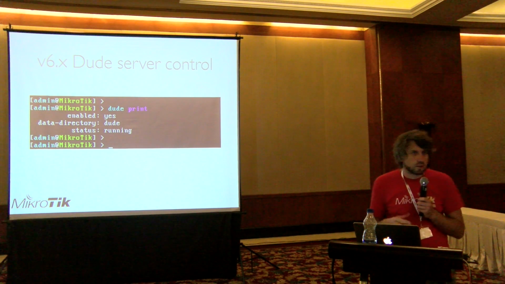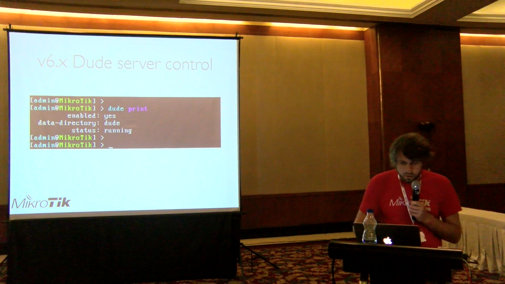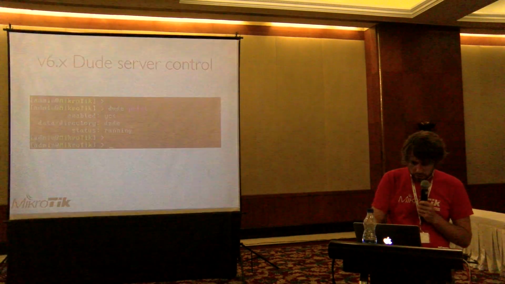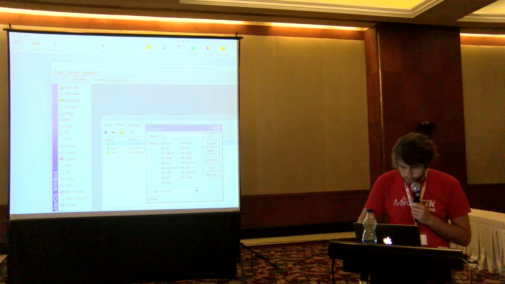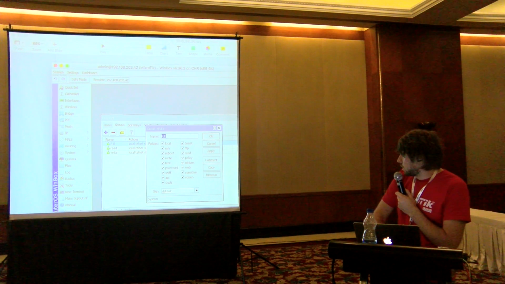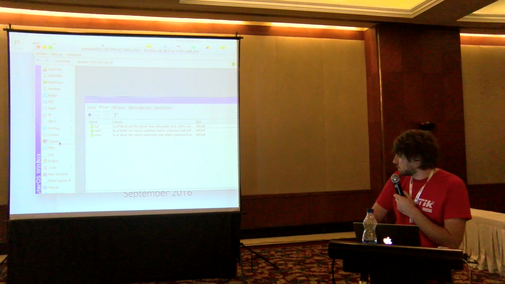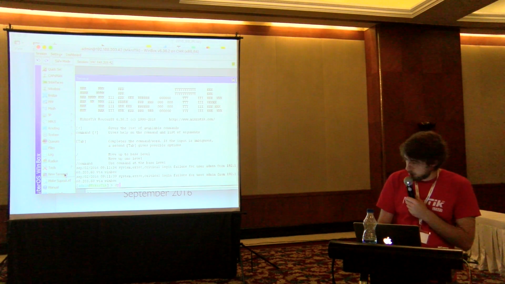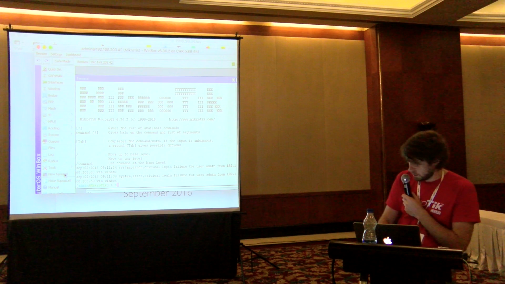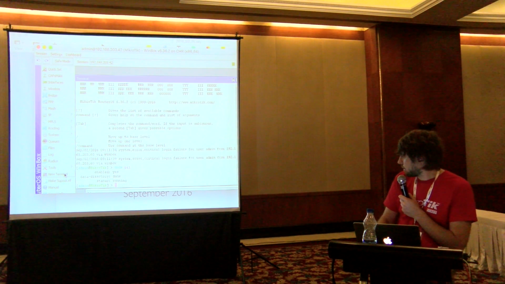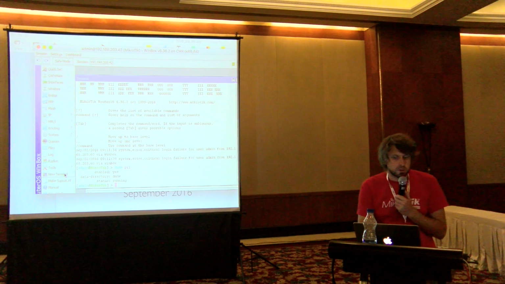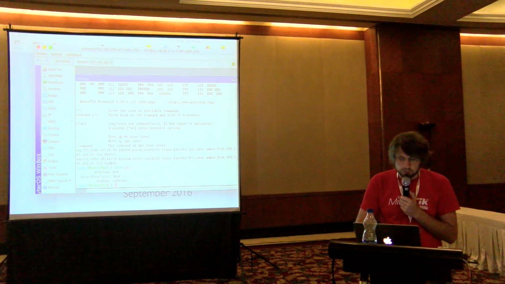And there you see a status. On my router, we can quickly look at what is happening. So I am going back to my Winbox. I write dude print. So I have Dude enabled and it's running at the moment.